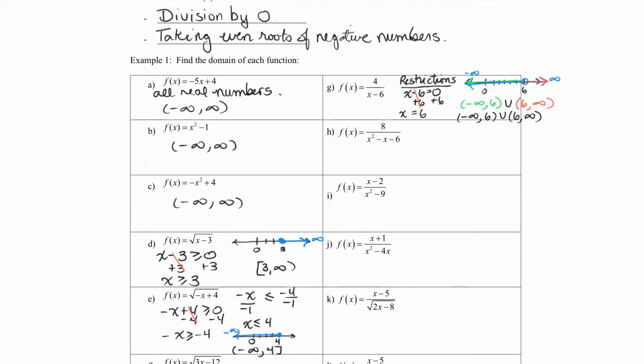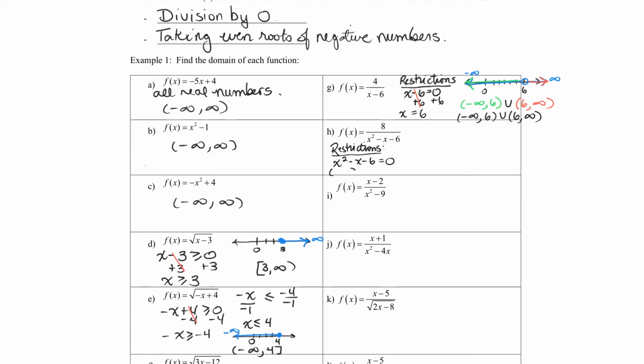All right, so moving on to a slightly more complicated problem. We see we have x squared minus x minus 6, and I'm going to be solving for my restrictions by setting that quadratic equal to 0 and finding the two values of x in this case that will result in 0 in my denominator.